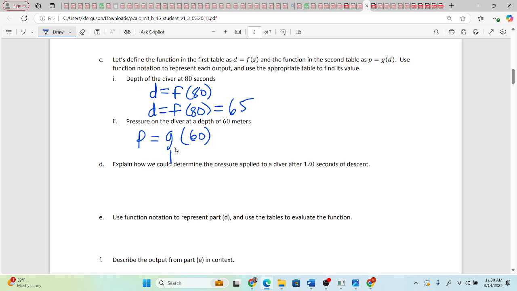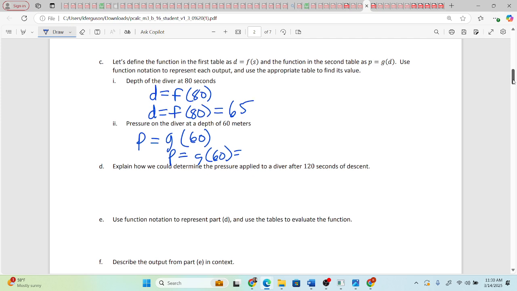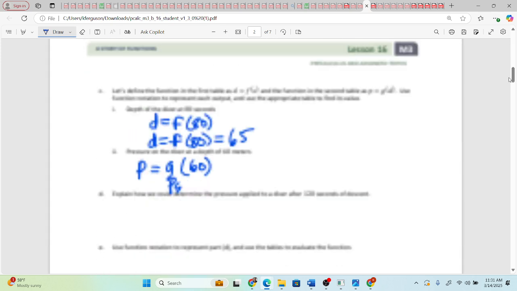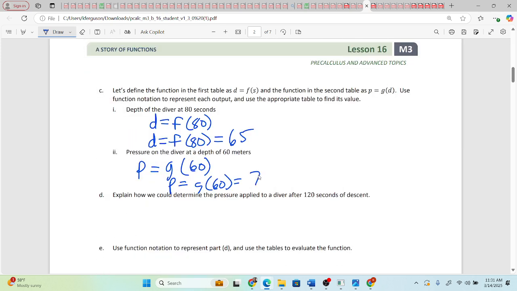So what's my answer for that? And then that answer, according to our chart, like y'all said, 60 meters down is 7 atmospheres of pressure. Does anybody question that?